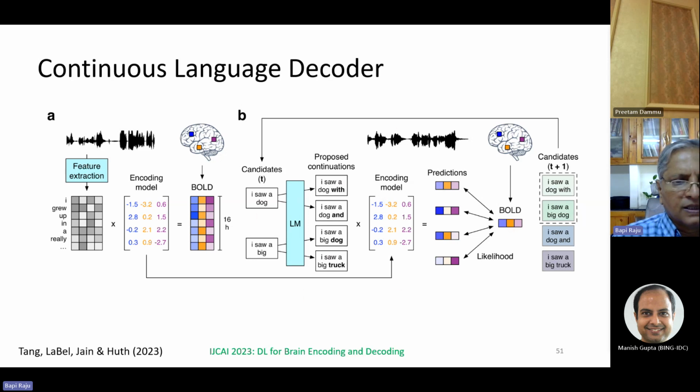This sort of process, where an encoding model ranks the possible brain activations and the associated continuations, gives the decoding solutions associated with a given brain activation. So this kind of encoder-decoder model seems to have done very well.